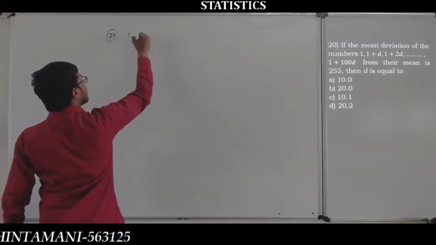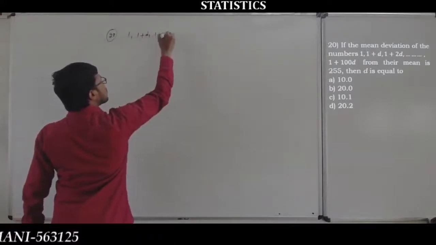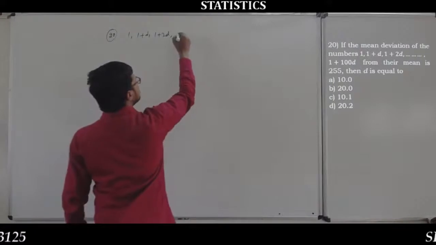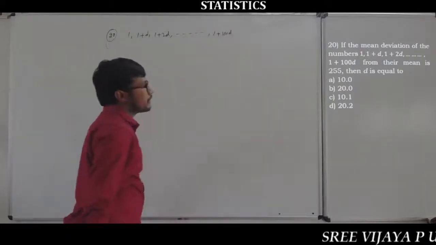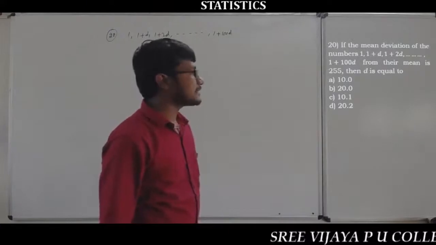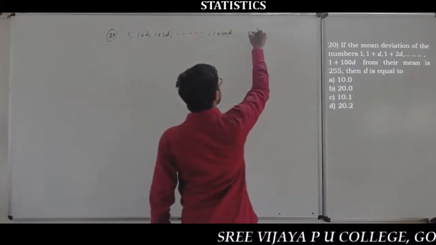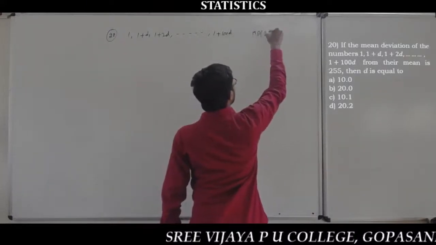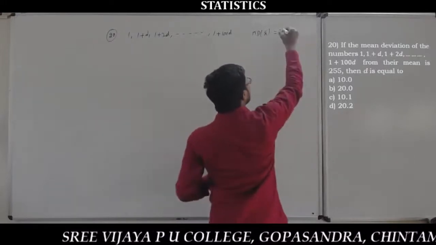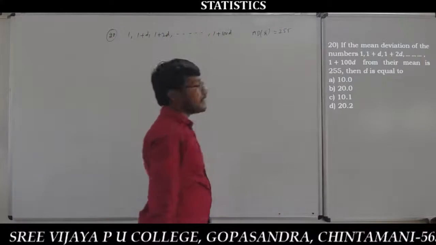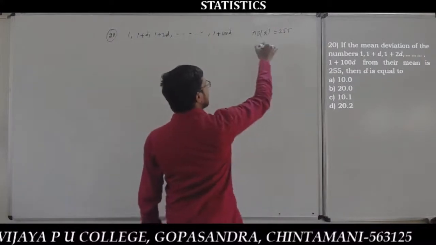Observations are 1, 1 plus d, 1 plus 2d, and so on, up to 1 plus 100d. The mean deviation from the mean is equal to 255. Then we can find the d value here.